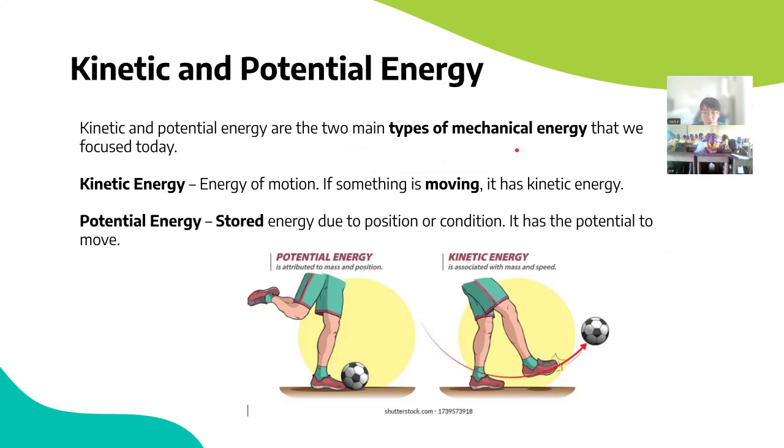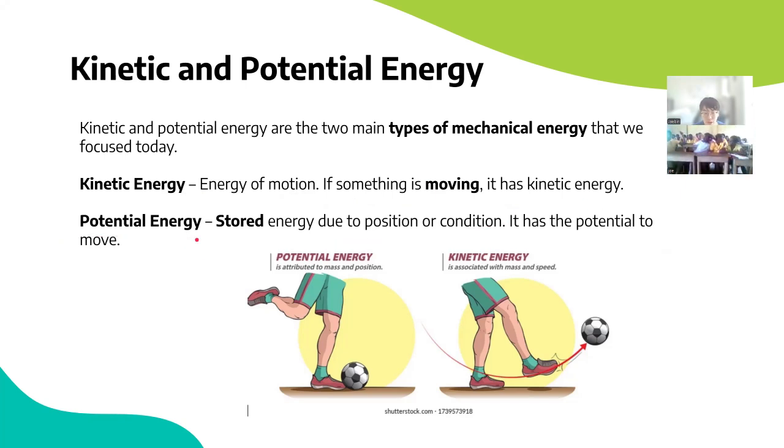Remember, mechanical energy is the energy that moves, basically. Any energy that has to do with moving are kinetic energy and potential energy. So kinetic energy is the energy in motion. So if something is moving, it has kinetic energy.